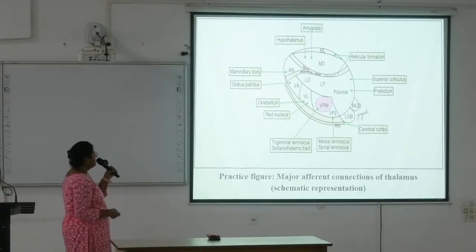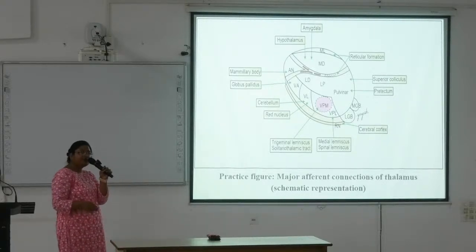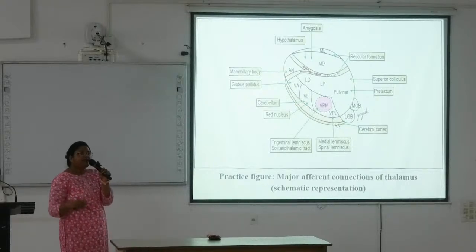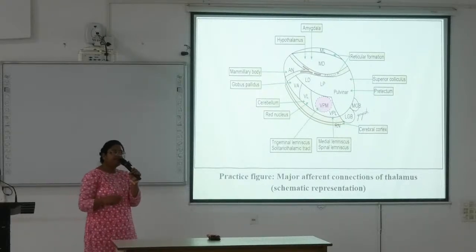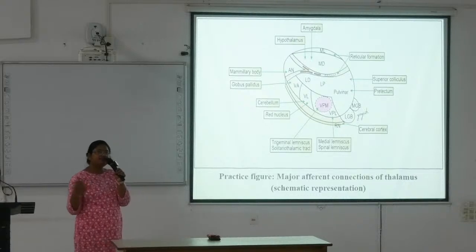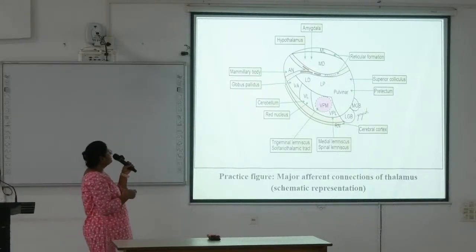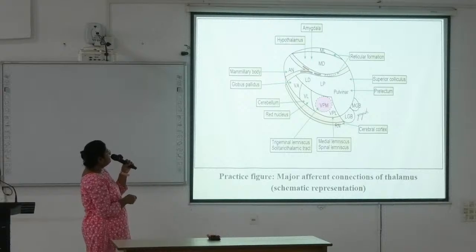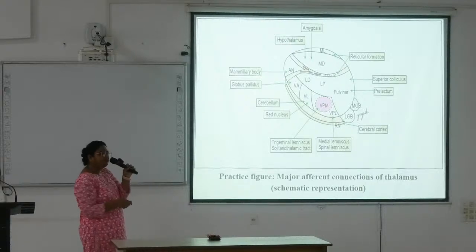see, these are the major connections of the thalami, from which parts impulses are going to the thalamus. It acts as a relay station for different sensations. So all the sensations are coming from, see, these Y-shaped white matter structures. Thalamus is gray matter.